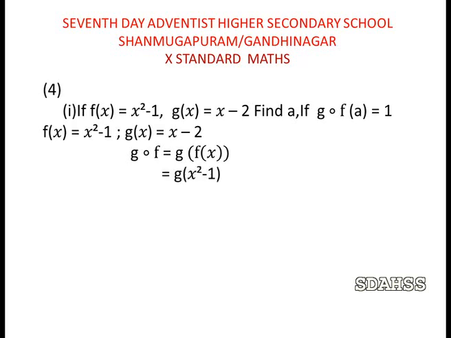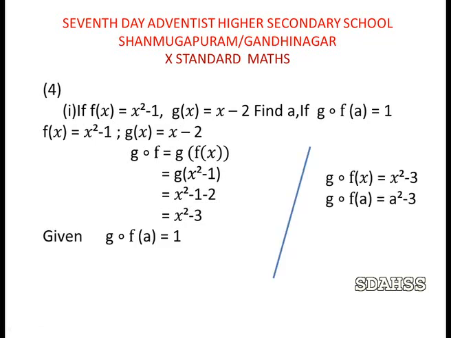Substitute f of x is equal to x square minus 1. So it becomes g into x square minus 1. In the function of g of x, you have to replace x is equal to x square minus 1. So it becomes x square minus 1 minus 2. That is equal to x square minus 3.